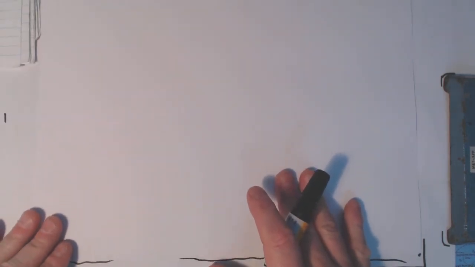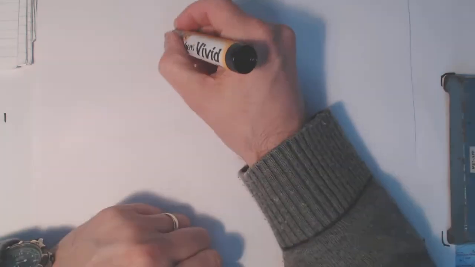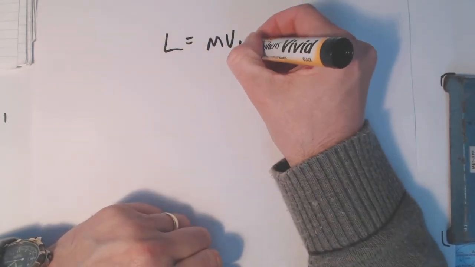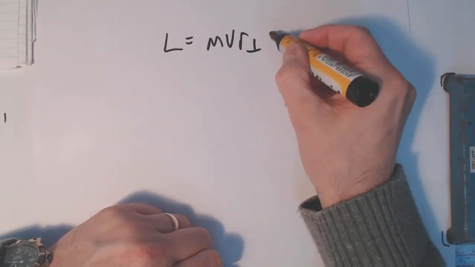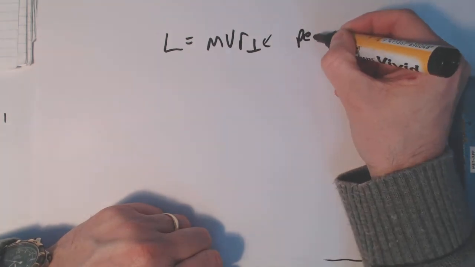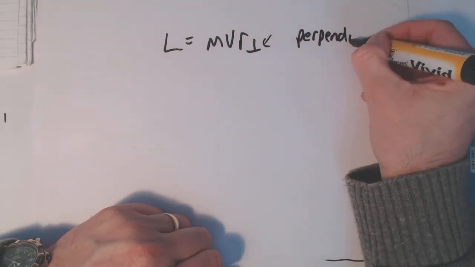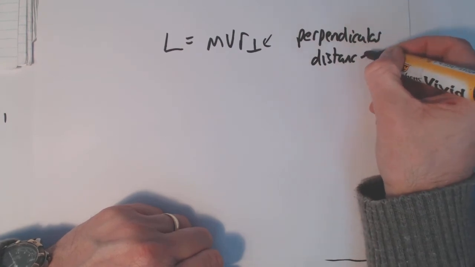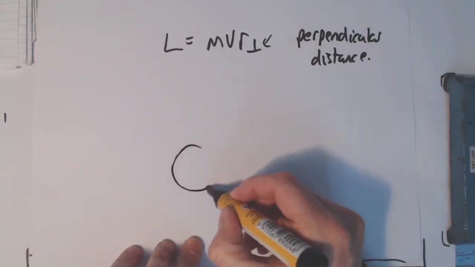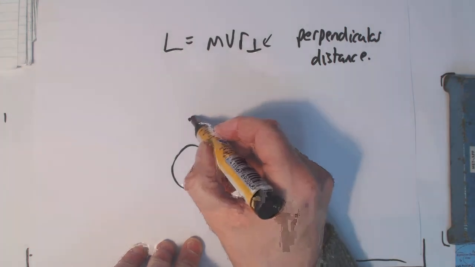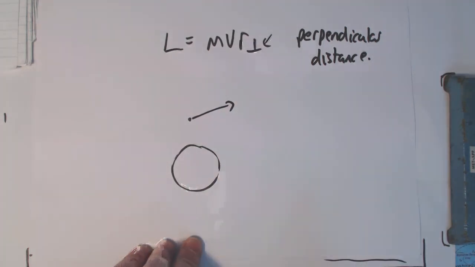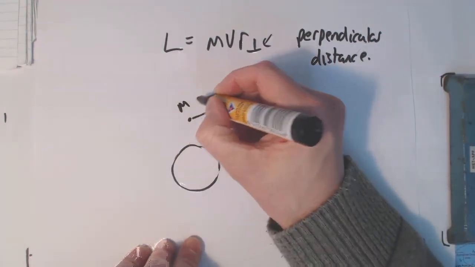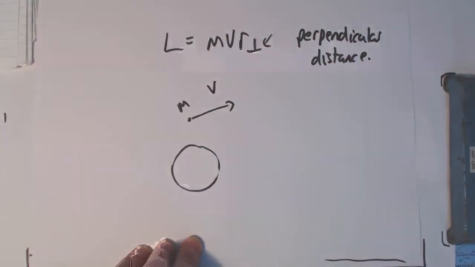But there is another thing we need to know about angular momentum with that sort of formula. This formula here, L equals mvr, notice that little symbol there. It just means perpendicular distance. Now if I have a planet here, for example, and I've got something moving at that velocity in that direction, it's a mass, could be a satellite, that's its velocity.